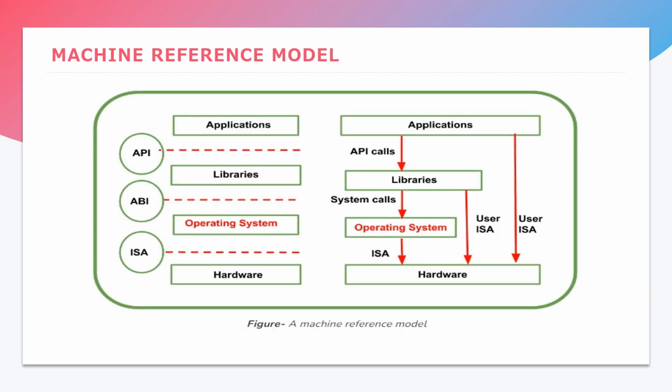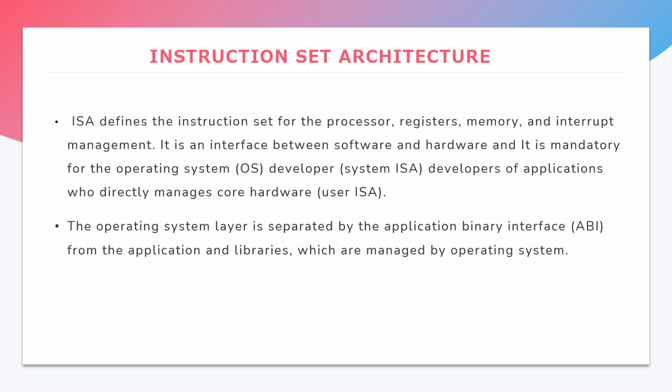Modern computing systems can be expressed in terms of the reference model described in the figure. At the bottom layer, the model for the hardware is expressed in terms of instruction set architecture. Instruction set architecture is also known as ISA.